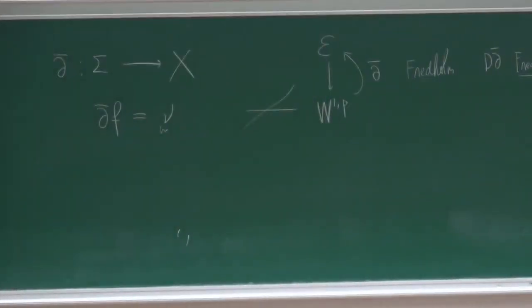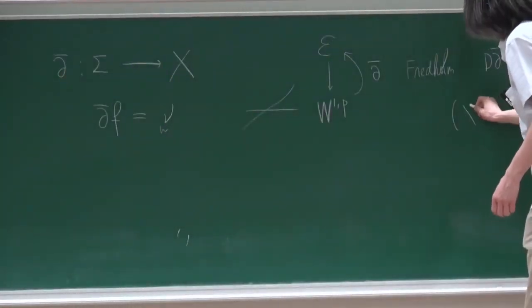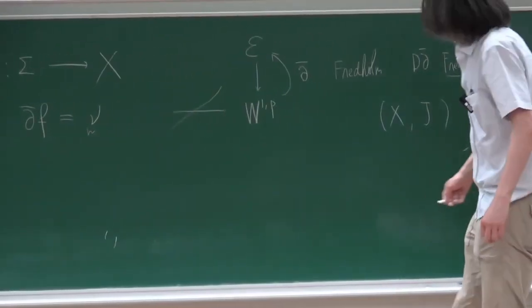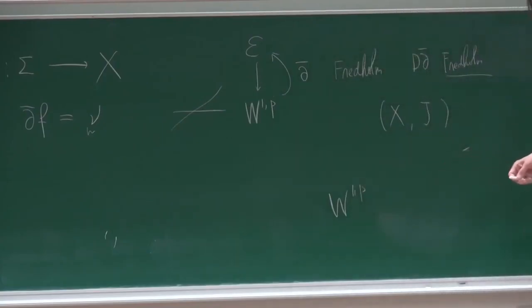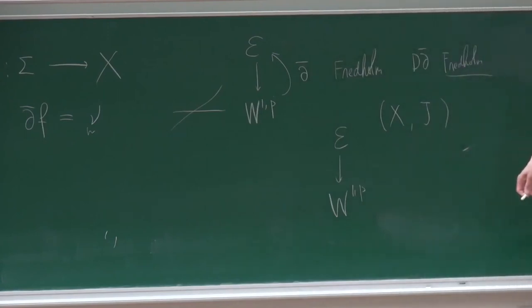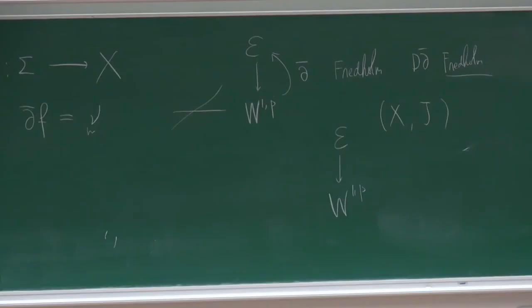Another thing is, now I have a manifold X with complex structure J. For this we have a W1P map, and here I have E. But for this one, d bar may not be transversal. If you consider a -2 curve or -3 curve in algebraic surfaces, they don't satisfy this transversality.